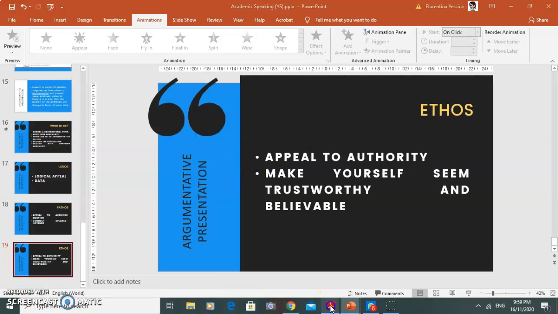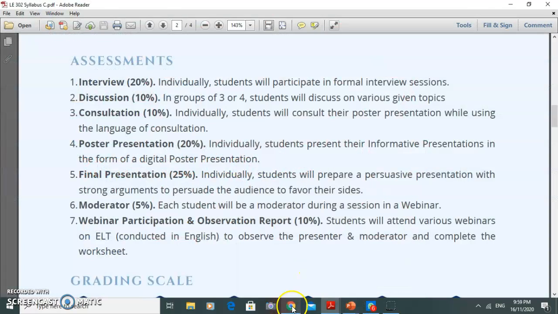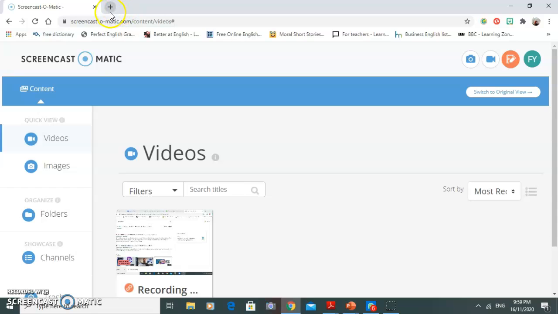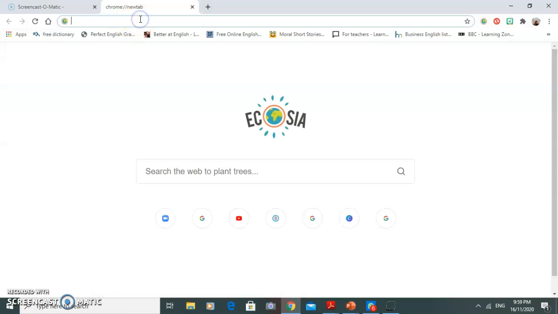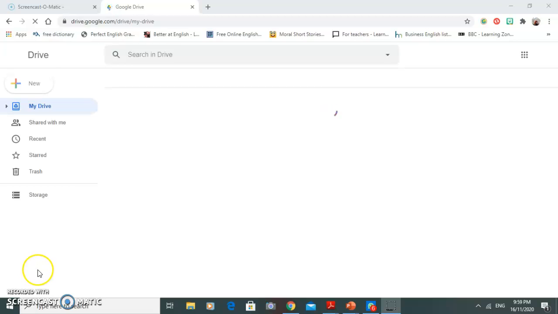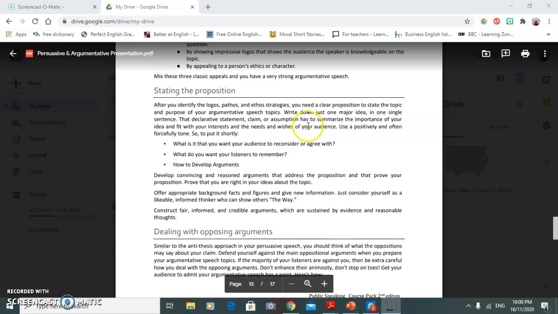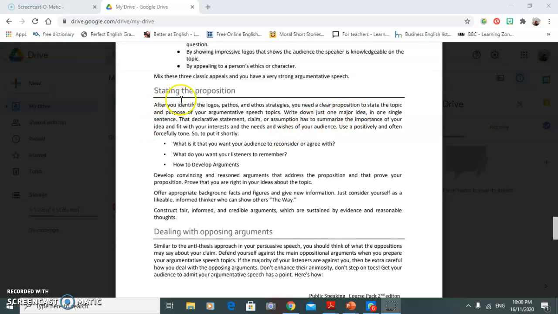Okay, let's take a look at the PDF. Okay, please pay attention to this PDF material. Stating the propositions.